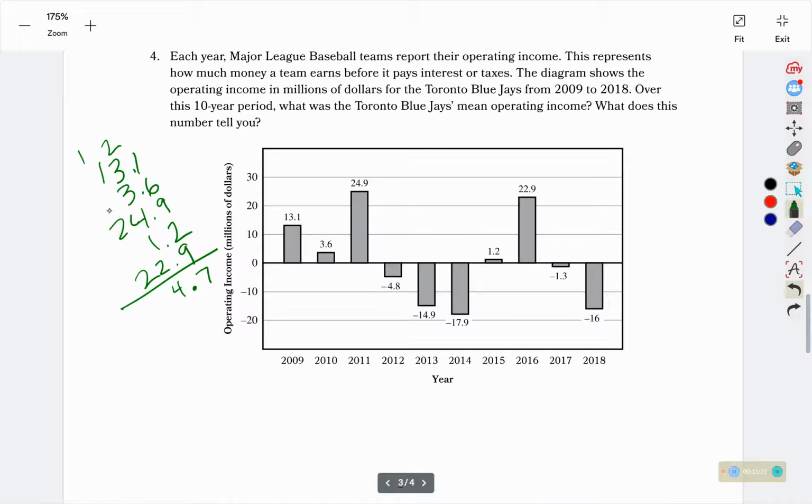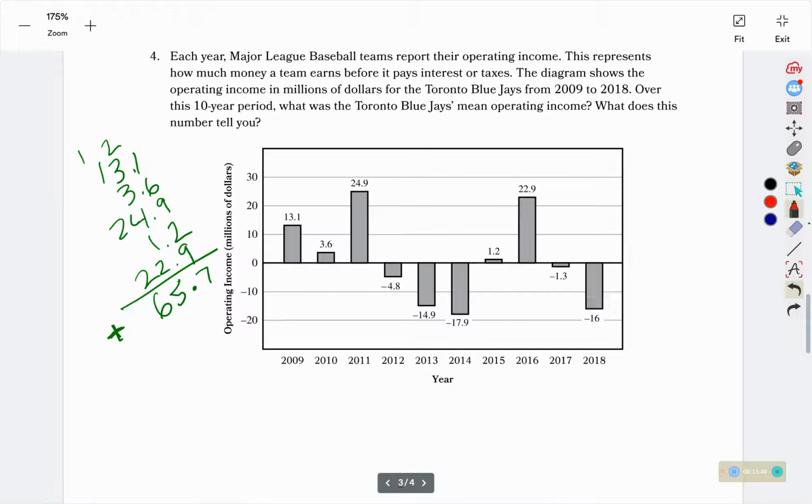Two plus 2 is 4. Plus 1 is 5. Plus 1 is 6. This one should be 15, not 14. Oops. That should be a 5 there. Okay, so those are the positives.